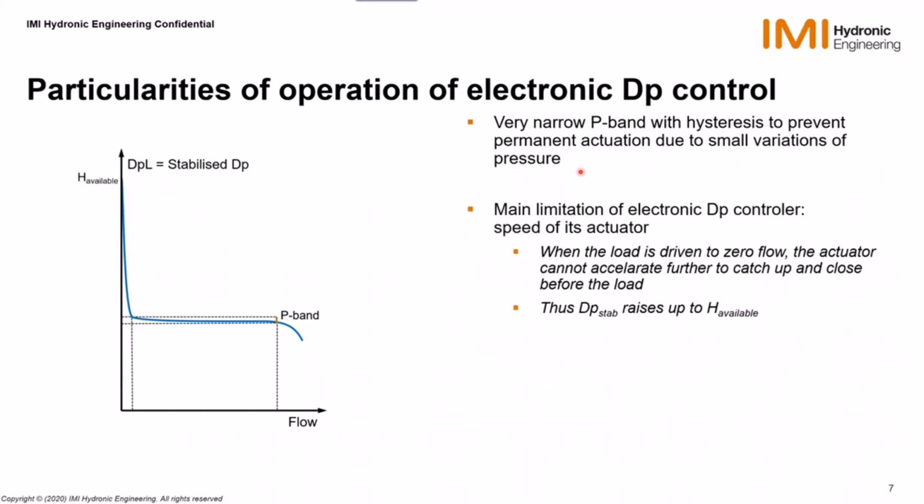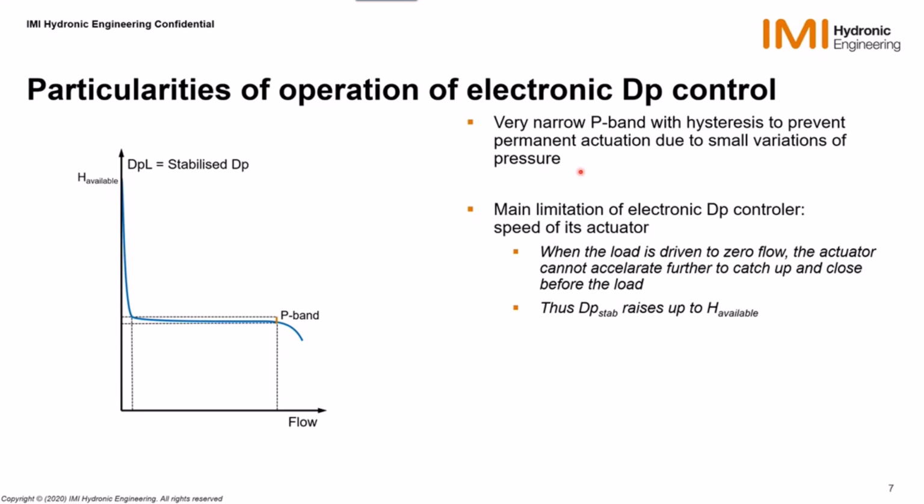Now, there is a main limitation to the electronic DP controllers, and this is the speed of their actuators, right? I mentioned in my very first slide that a self-acting DP controller is able to close faster than what the load is doing, because there is a sort of accelerating mechanism with the combination of the membrane and the spring.